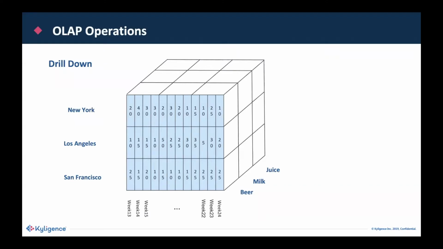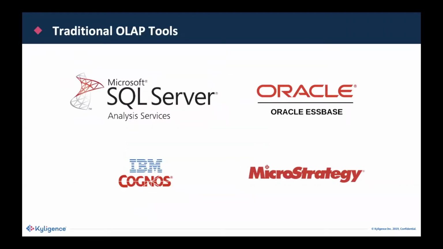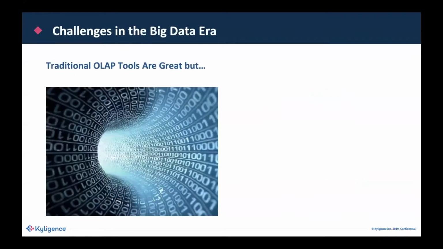All right, let's take a look at the traditional OLAP tools we may know. Here are some well-known traditional OLAP tools, for example, Microsoft SSAS, Oracle Essbase, IBM Cognos, and MicroStrategy Intelligence Services. They're all good. So far, everything looks good, right?